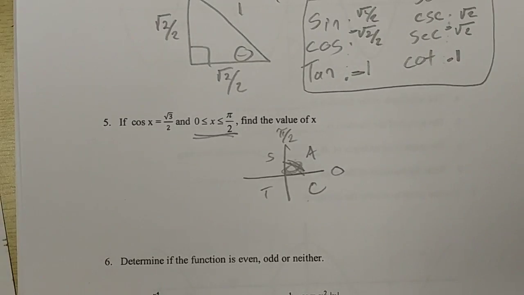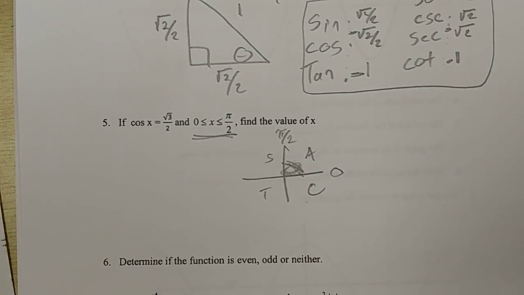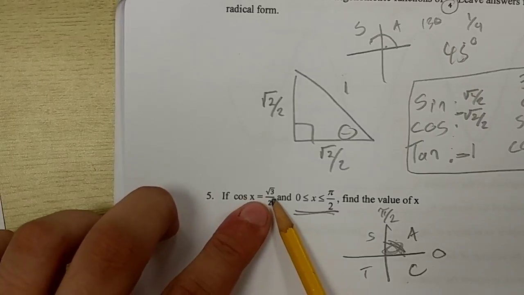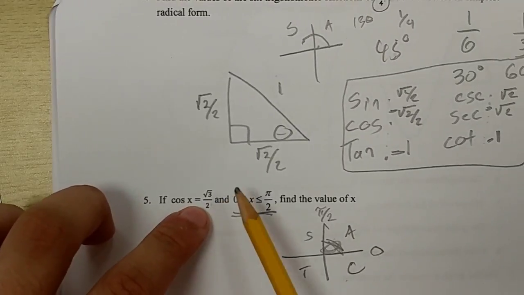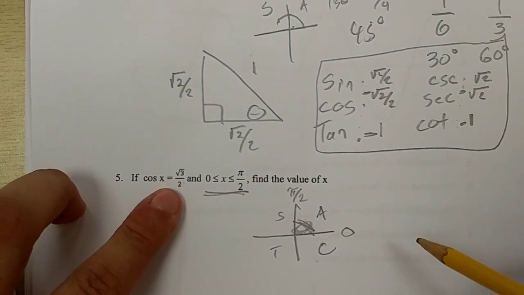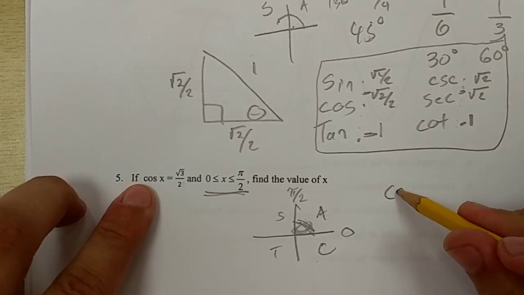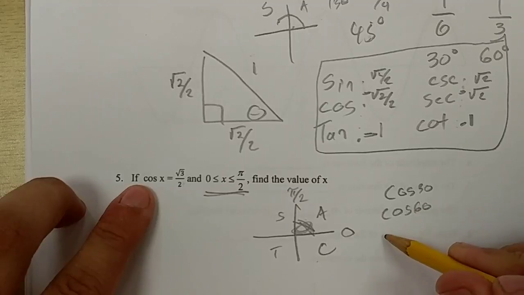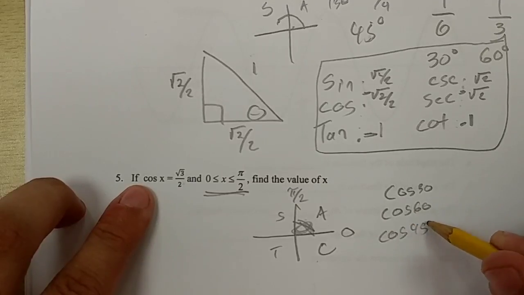Okay, so if cosine x is root 3 over 2, and x is between 0 and pi over 2, find the value of x. Ooh. So we know cosine x equals root 3 over 2. So what we need to use is which one is it: cosine 30, cosine 60, or cosine 45?